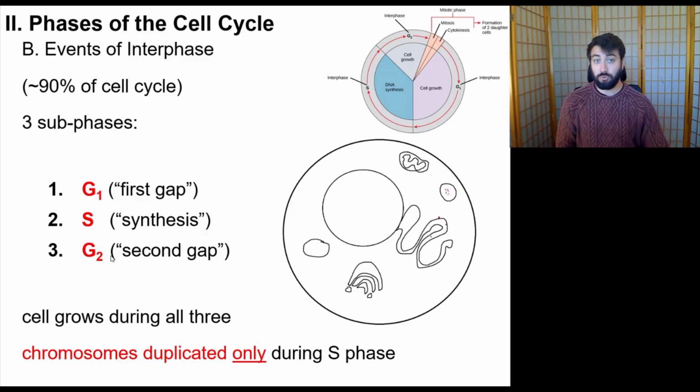Now, the cell grows during all three of these steps by adding phospholipids to its membrane, making extra ribosomes, making its organelles bigger so they're ready to be split, and so on and so forth. Now, this growth process, like I said, happens during all three of these phases of the cell cycle, but chromosomes only duplicate during the S phase.